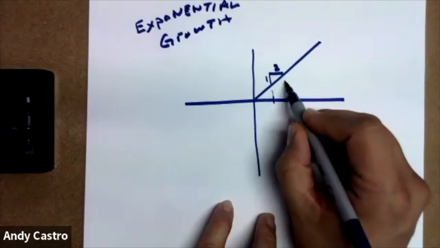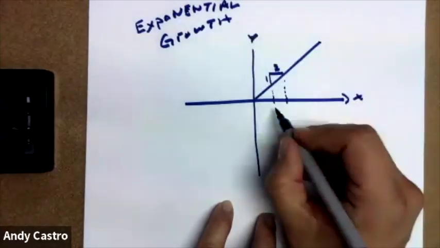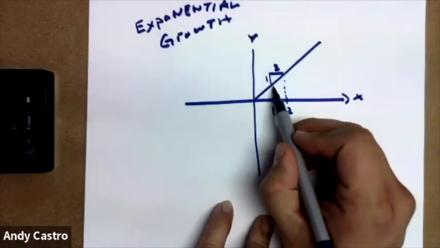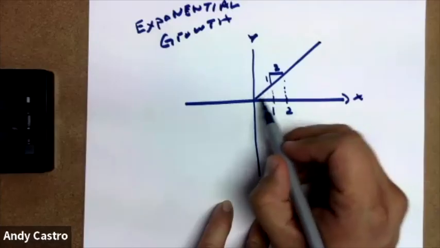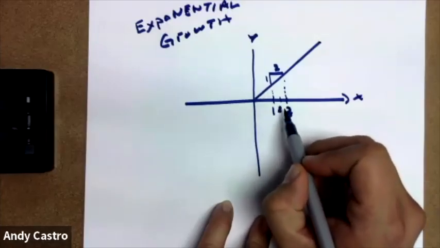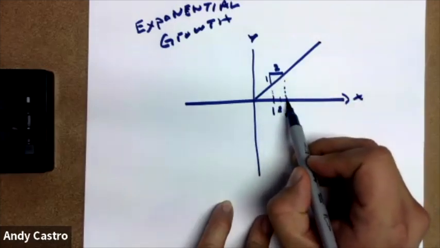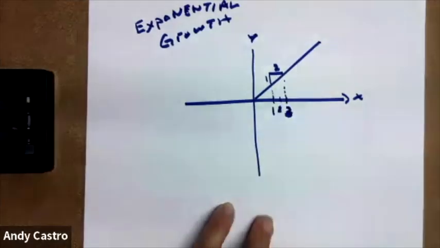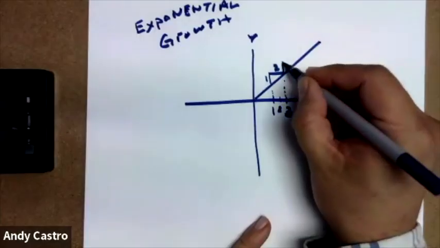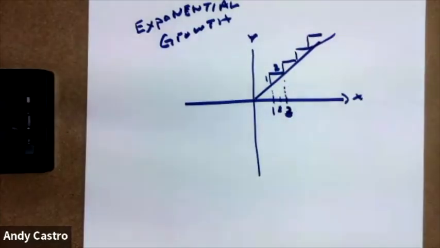And if we think of this as X here and Y, for every two you go over, you go up one. And that would be the same difference between each step.